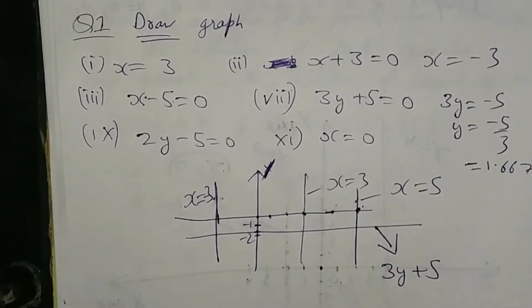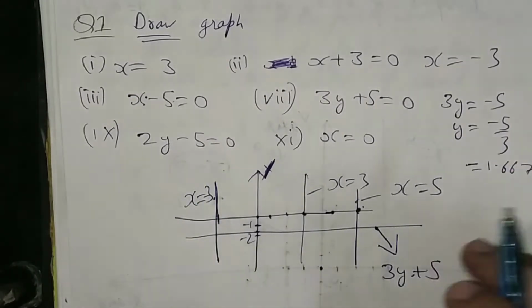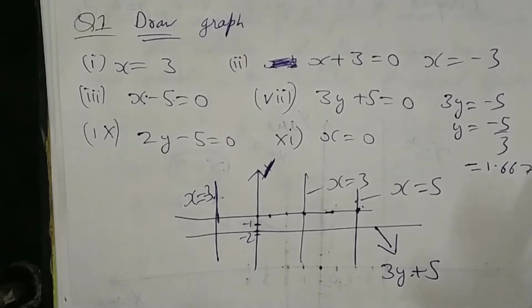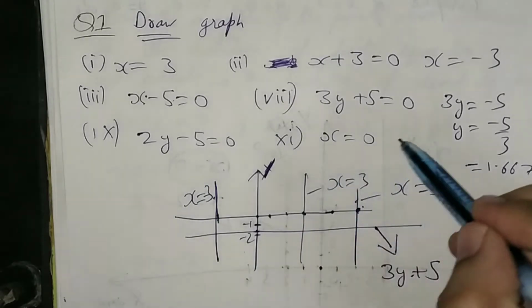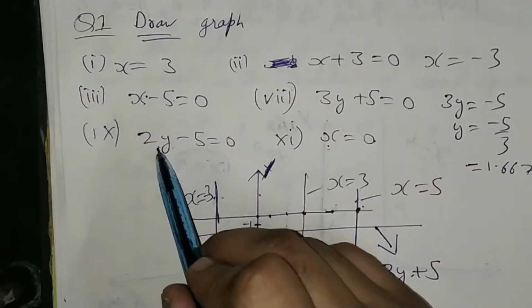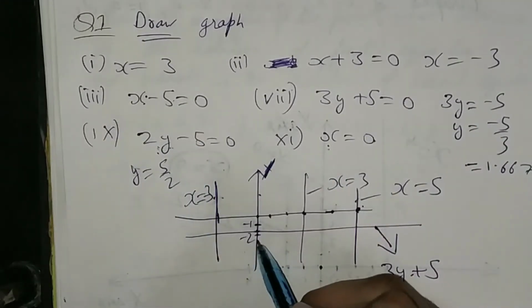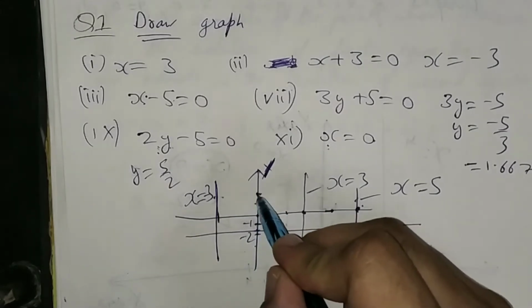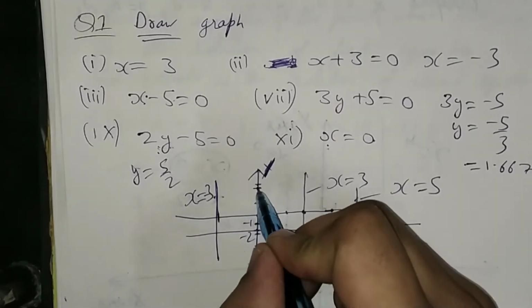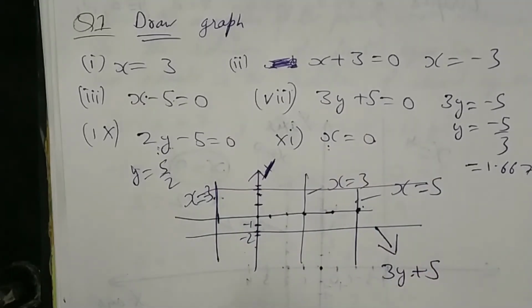You can plot at least 3-4 lines on a single graph, then use the next graph, but you must plot at least 3-4 lines on the same graph. This is very easy, how to plot these simple equations. So again, x equal to 0, that is the y-axis, and this is y equal to 5 by 2, that is 2.5. So 1, 2, 3, in the center of 2 and 3. So this will be a line here, y equal to 5 by 2.